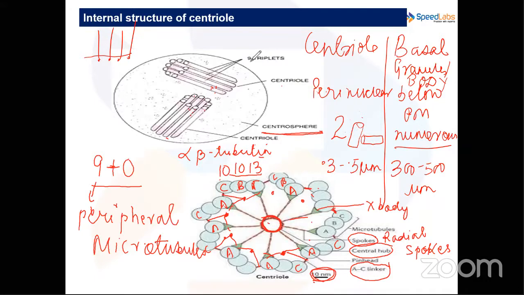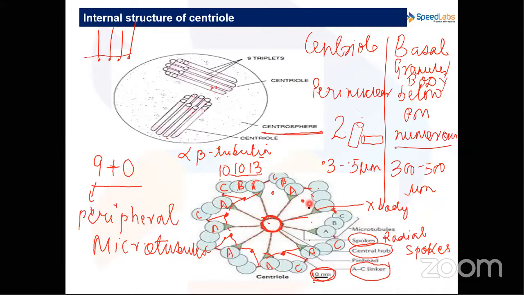Once again, we are revising the linkages over here. You have 3 subunits A, B, and C. The first linkage is between A and C. A subunit is linked to another C subunit by the AC linker. Then you have the radial spoke coming out from the A subunit, but in between the A subunit and the radial spoke, there is this X body.